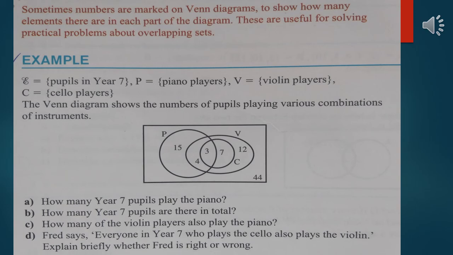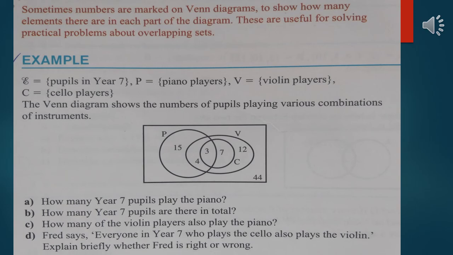Part C. How many of the violin players also play the piano? That means, according to the subsets drawn in the Venn diagram, the answer for part C is 3 plus 4, that is 7.